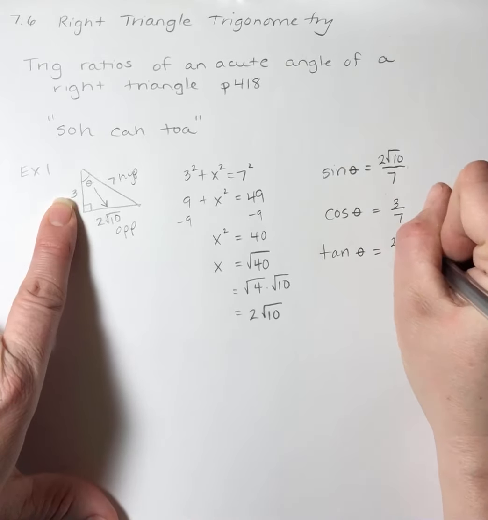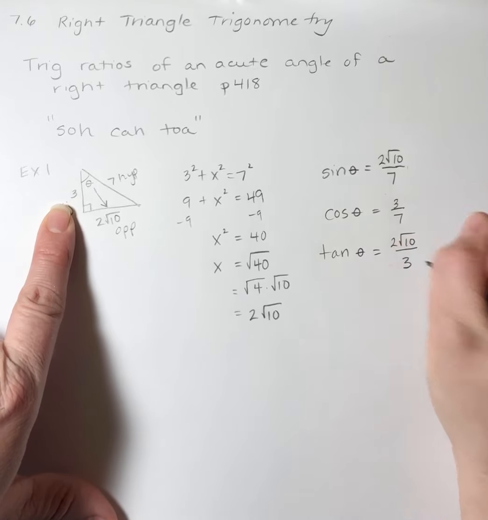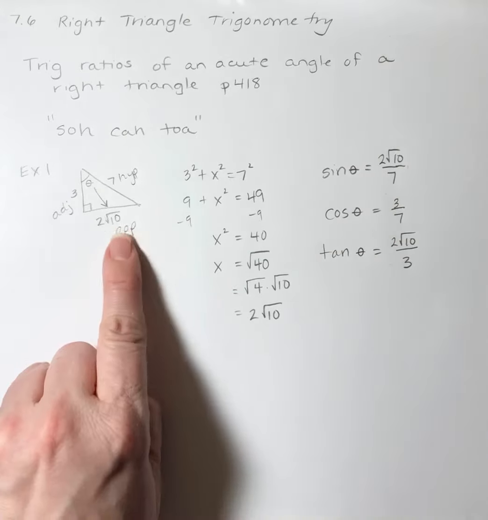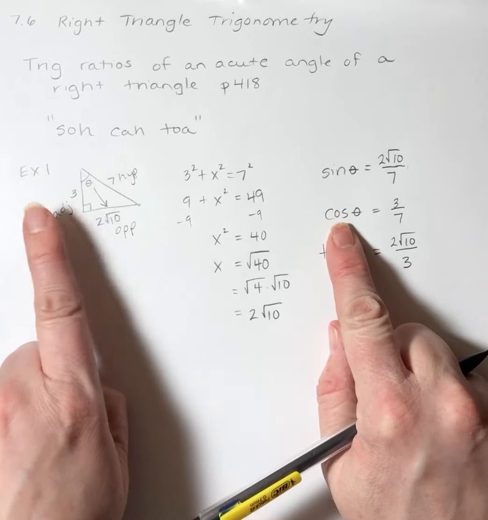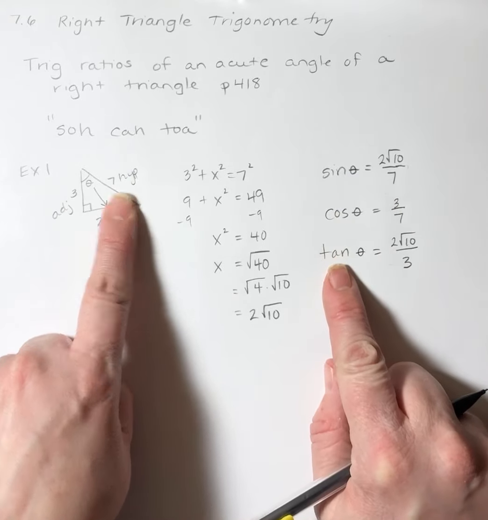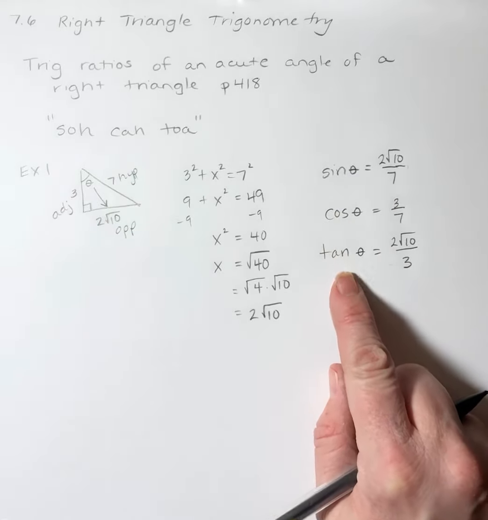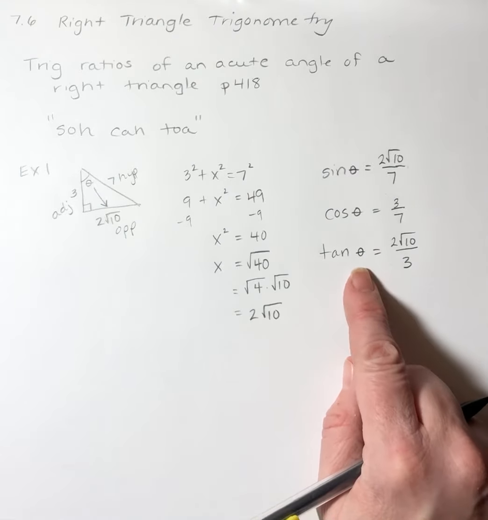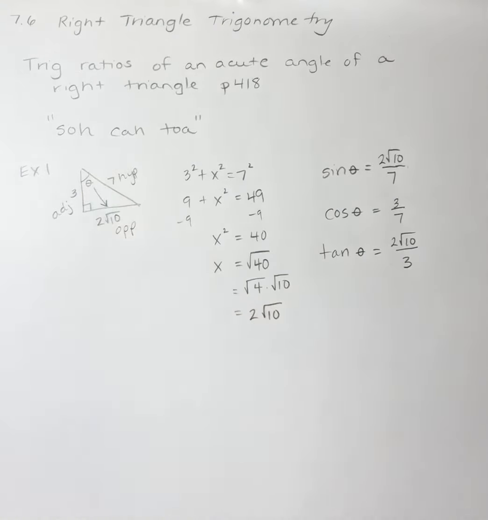So I have 2 square roots of 10 over 3. Sine opposite over hypotenuse, cosine adjacent over hypotenuse, and tangent opposite over adjacent. You're finding the ratio of some angle. And right now we don't care what that angle is. Later on we'll use the calculator to actually find that angle.